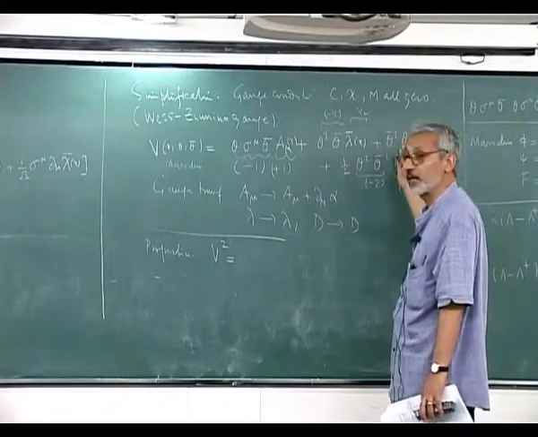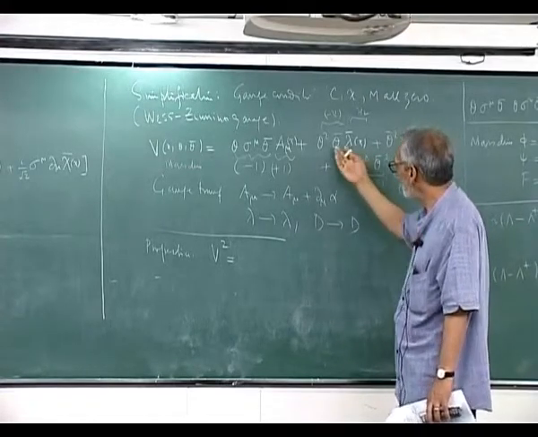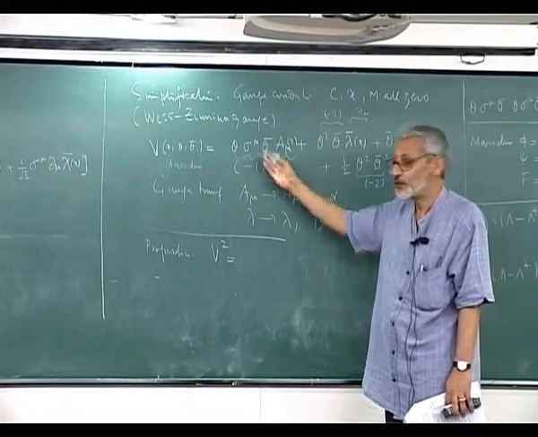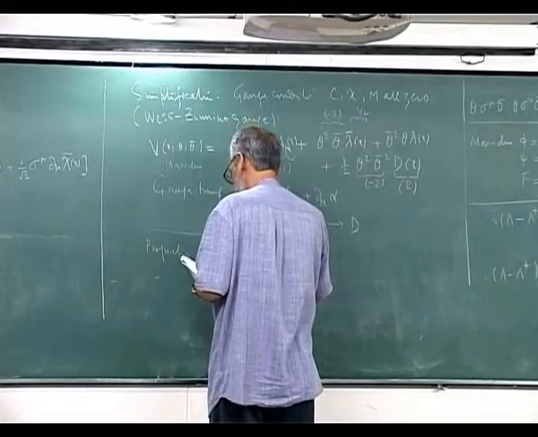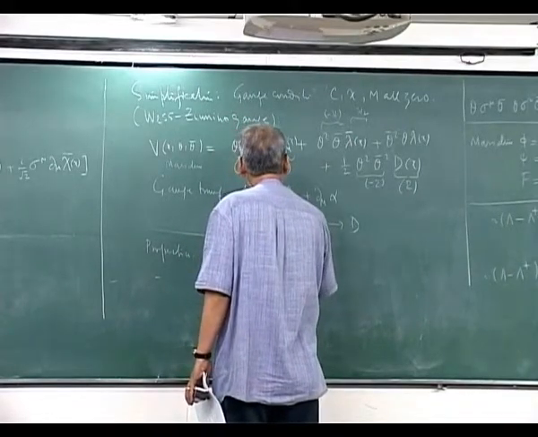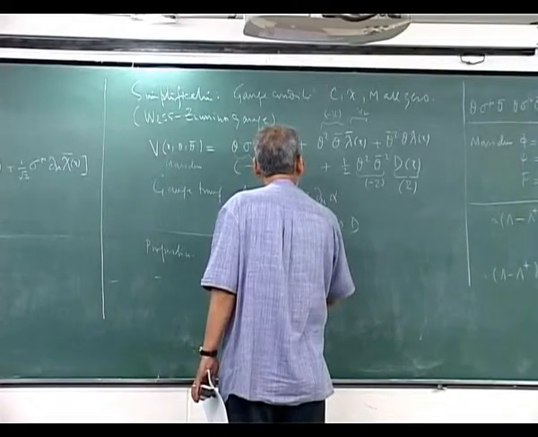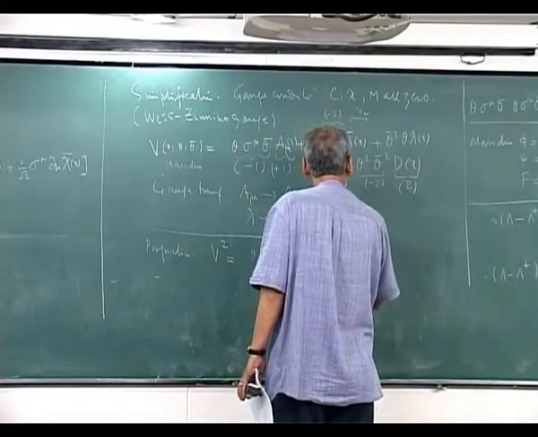If I take the square of the other objects, or cross products of this and this, that will have too many thetas. So the only term that is non-zero here is theta sigma mu theta bar theta sigma nu theta bar A mu A nu.